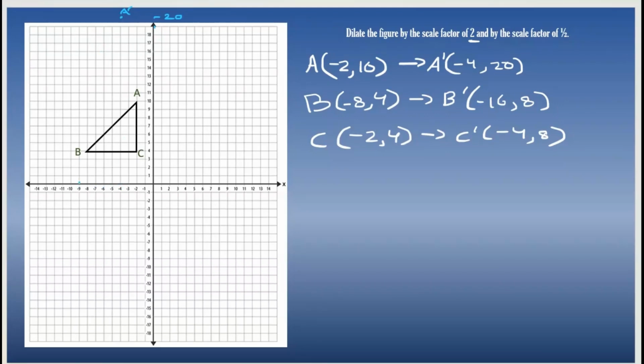Okay, and then B prime is negative 16. Okay, so there is no negative 16 here either. So there's going to be negative 15. This is going to be negative 16. Okay, so negative 16, comma 8, which would be over here. And then this is B prime. C prime is negative 4, comma 8, which is over here.